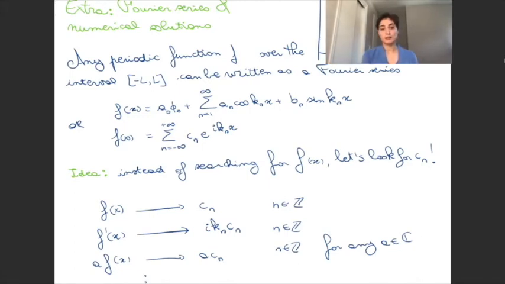F prime can be replaced by i kn Cn for n in Z. A times f of x is A times Cn for every value of n, and for any complex A, and so forth. So any transformation that we can do on f, we can turn into a transformation on the infinite vector of complex values associated to its Fourier series.